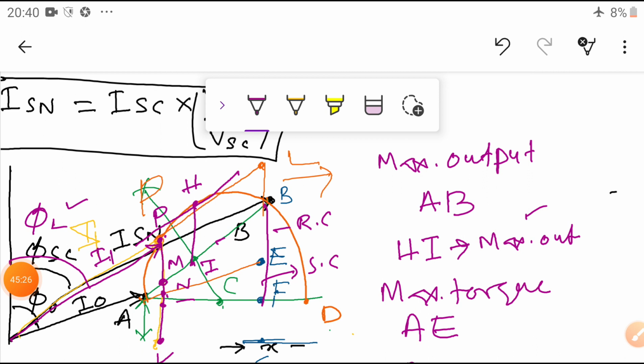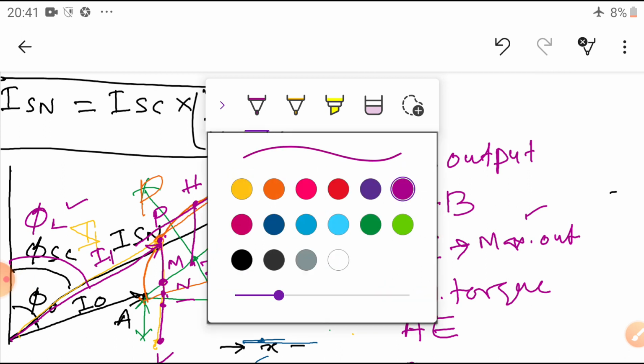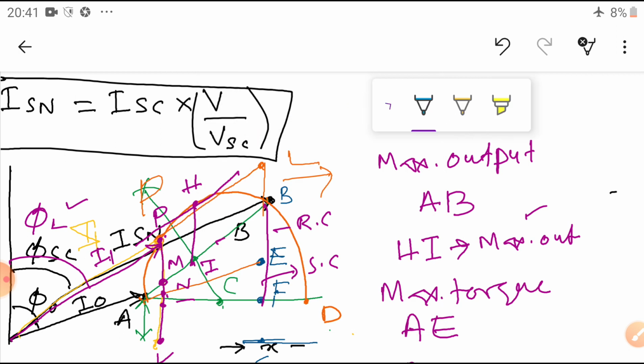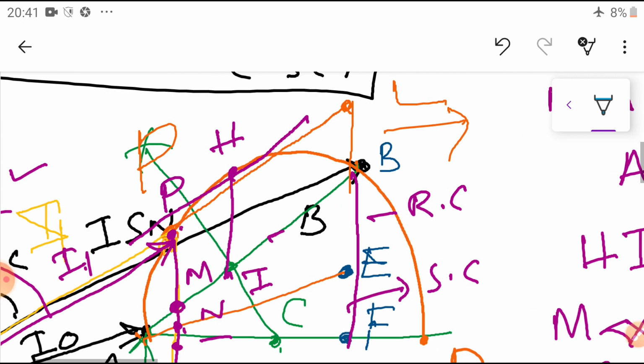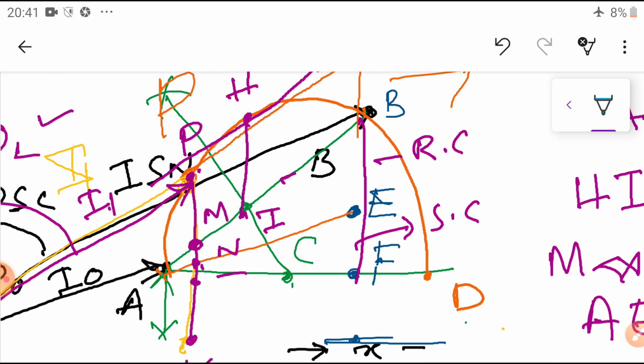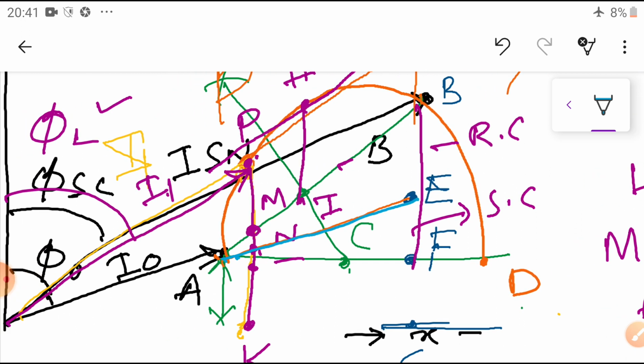Now, you draw one line. Take another color. Okay, so better to take this one. Here is the AE line, this is the output line. From parallel, you take one tangent to this one.